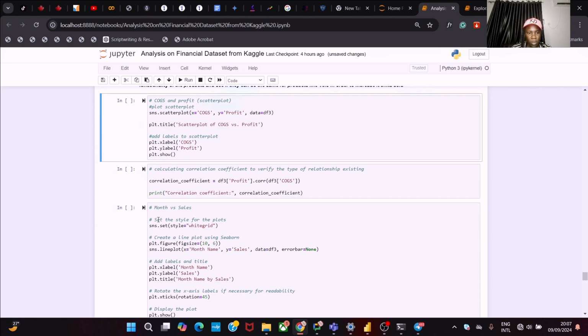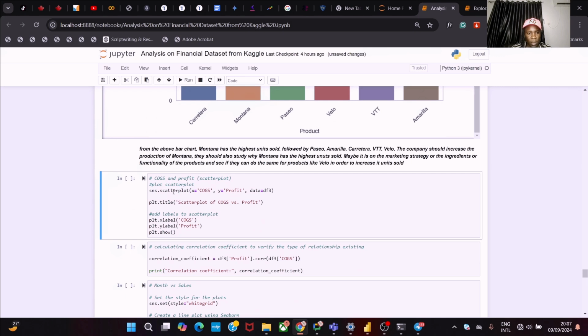All right. So the next thing we are going to be looking at is cost of goods sold and profits. For this, we are going to be using a scatter plot, because a scatter plot is used to visualize two numerical columns in order to know the correlation or relationship between them.